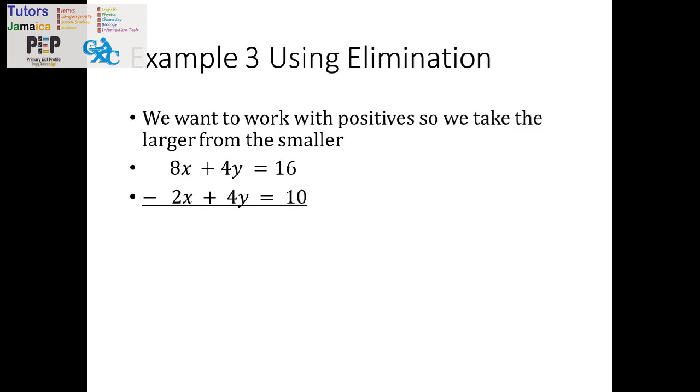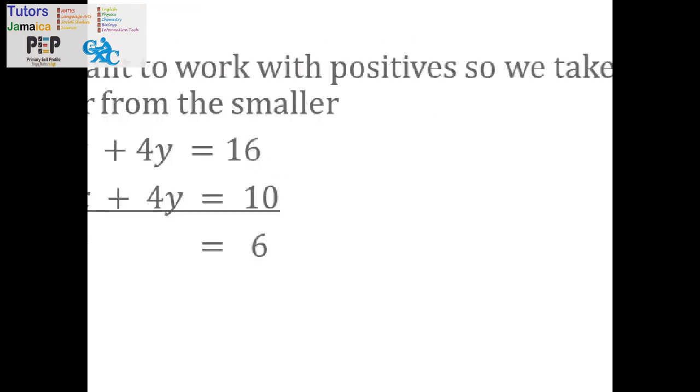Now the minus sign is for everything at the bottom, so everything at the bottom switches signs. So this 2x becomes minus 2x, this plus 4y becomes minus 4y, this 10 becomes minus 10. So just so you follow, the minus sign is for everything at the bottom. What we end up with is 6x is equal to 6.